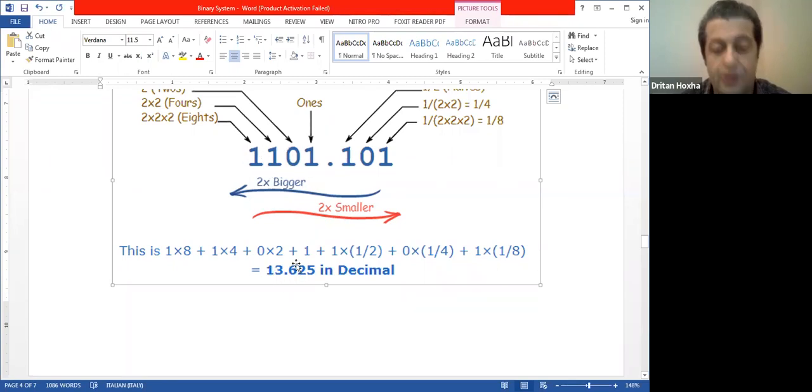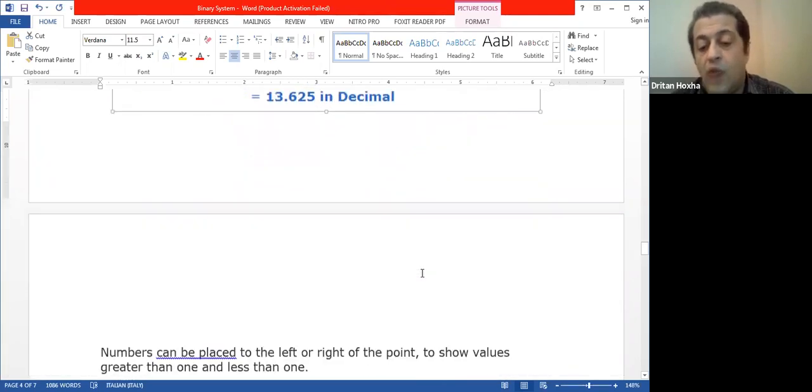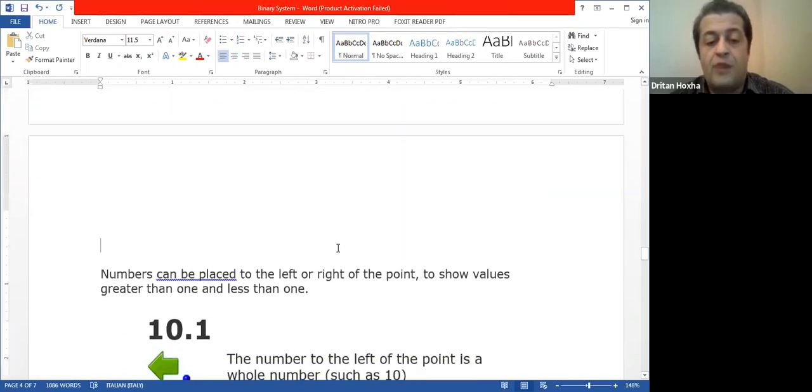So this is 13. This is the position of the half, this is the position of 1/4, and this is the position of 1/8. So after the decimal point we have 1/2 and 1/8. If we add them and write them as a decimal, we can write .625 in the decimal form of representation.